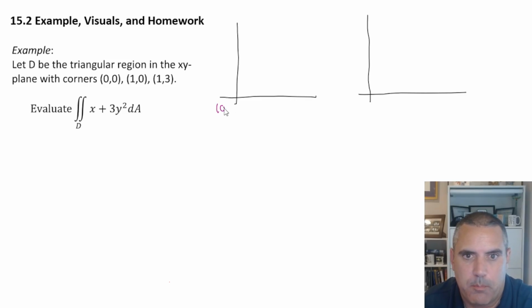Okay, so I'm going to draw the picture twice. 0, 0, 1, 0, so here, and 1, 3. And then I'm going to draw it again. 0, 0, 1, 0, 1, 3.